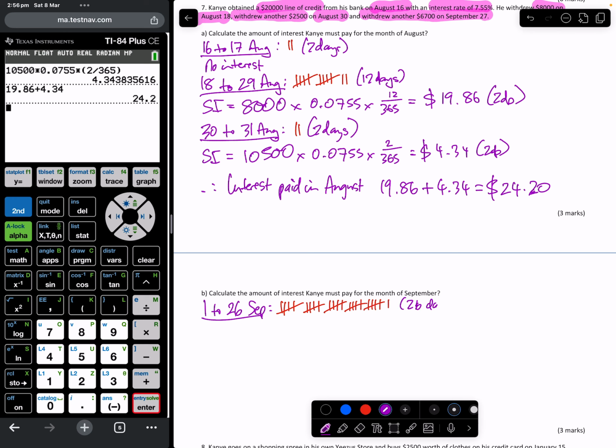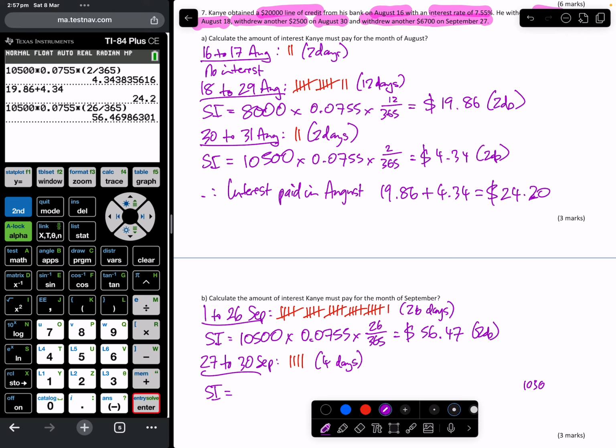SI equals, he still had 10,500, but had a further 6,700 withdrawn, so 10,500 withdrawn plus 6,700 is 17,200 withdrawn, times by the rate, 0.0755, times by 4 days.